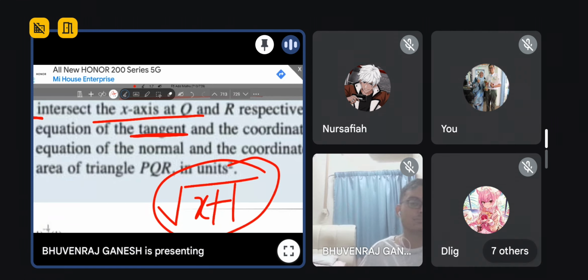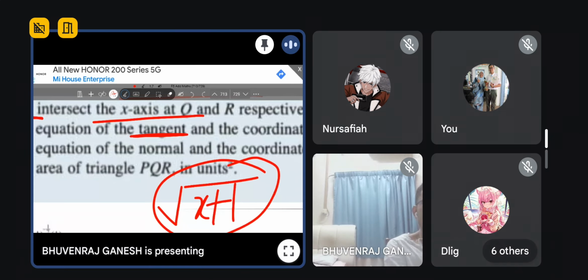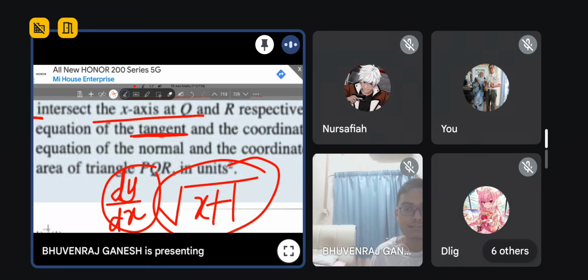Ada siapa-siapa struggle tak untuk bezakan persamaan macam ni? Who can share? Siapa boleh kongsi jawapan dia? Guys, kamu boleh buatkan. What is the answer? dy dx, bila kamu bezakan yang ni.